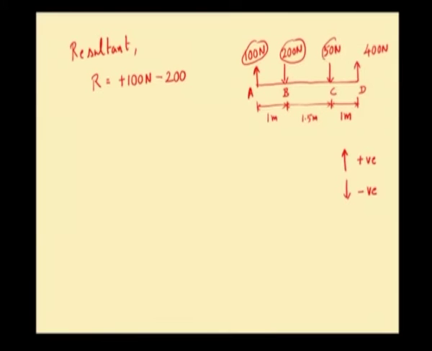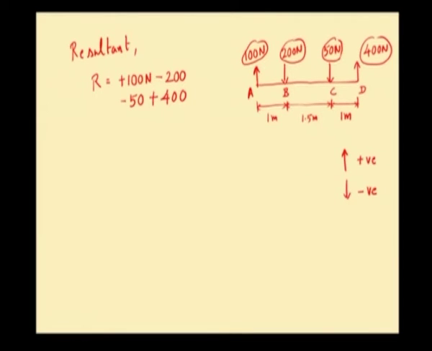Similarly, negative sign will come for the third force, which is 50 Newton. And finally, the fourth one, 400 Newton, goes in the upward direction. So, positive sign will come for that force. So, basically the resultant for parallel forces will be the algebraic sum of forces.